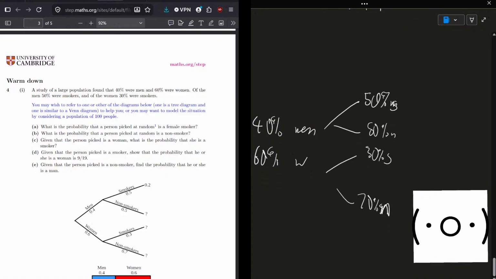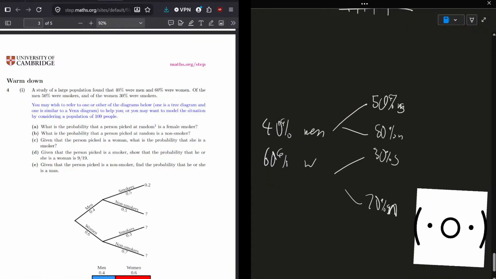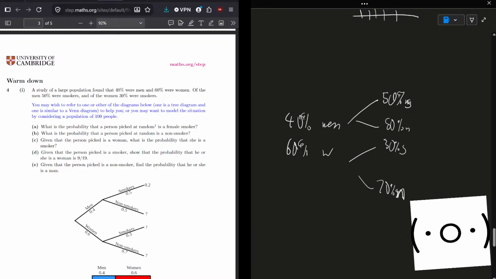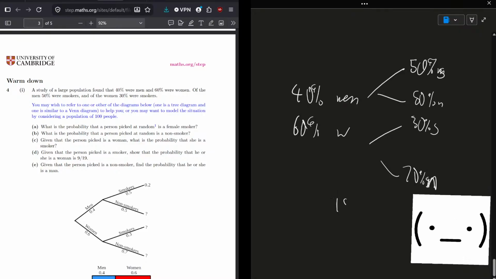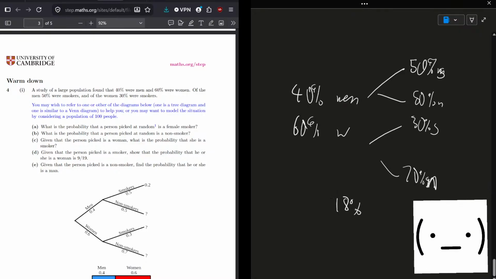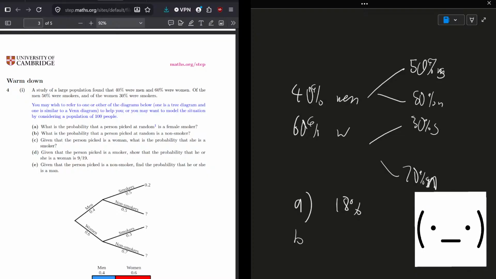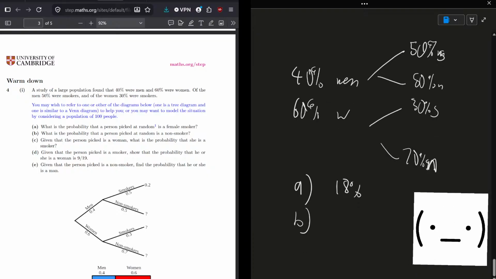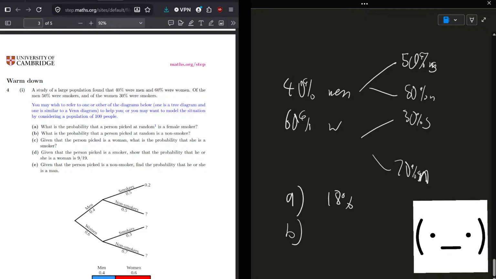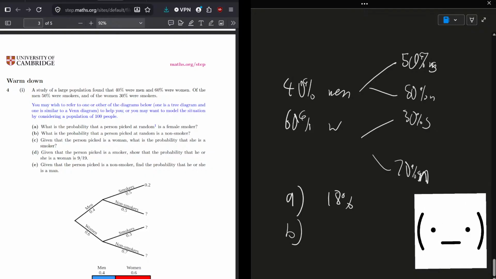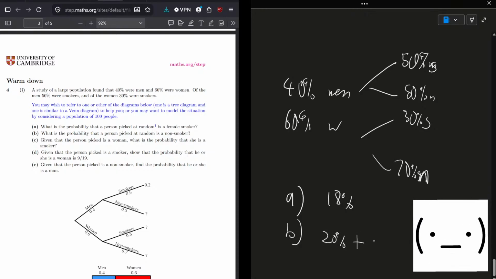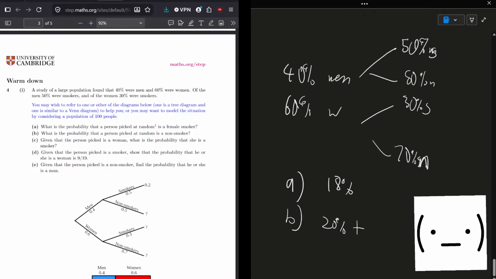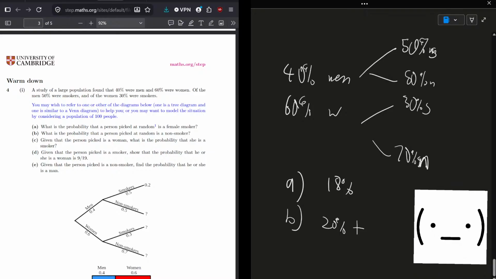What's the probability that a person picked at random is a female smoker? So that would mean 60 times 30, which is 18%, or A. I'm just not very good at multiplying.